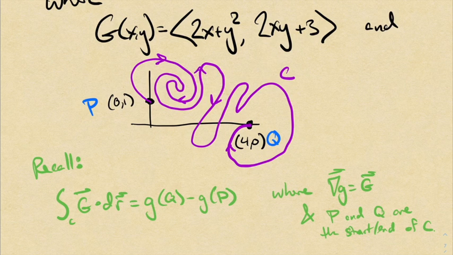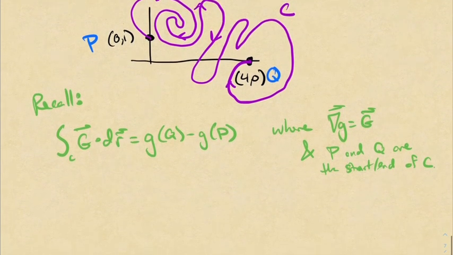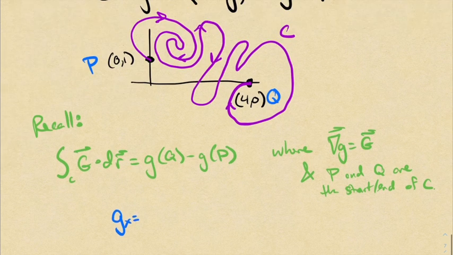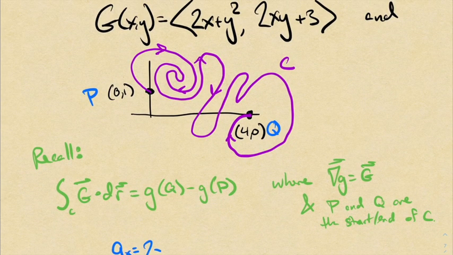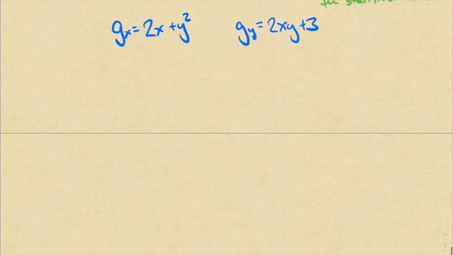So the work we have to do now is finding what is this function, little g. If little g exists, then we know that g_x, the partial with respect to x, has to be the first component of our vector, and g_y has to be the second component of our vector. And there's no reason we have to start anti-differentiating with respect to x.